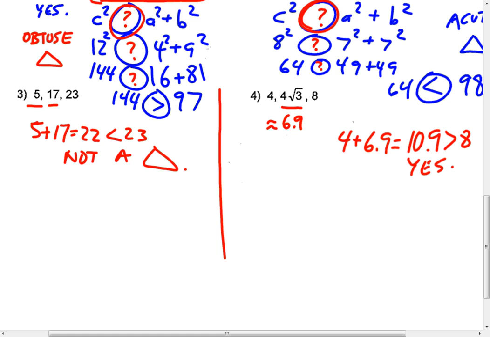It also gives me an idea as to which number is largest. Maybe the one with the radical is the largest. You don't know until you actually take a look at the decimal. Which one's the actual largest in this case? 8. So when I go to take a look at c squared and a squared plus b squared, I know to put the 8 over here.